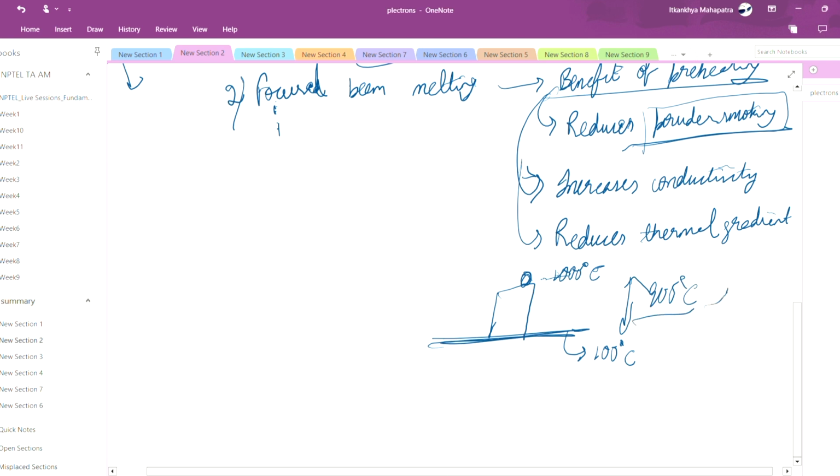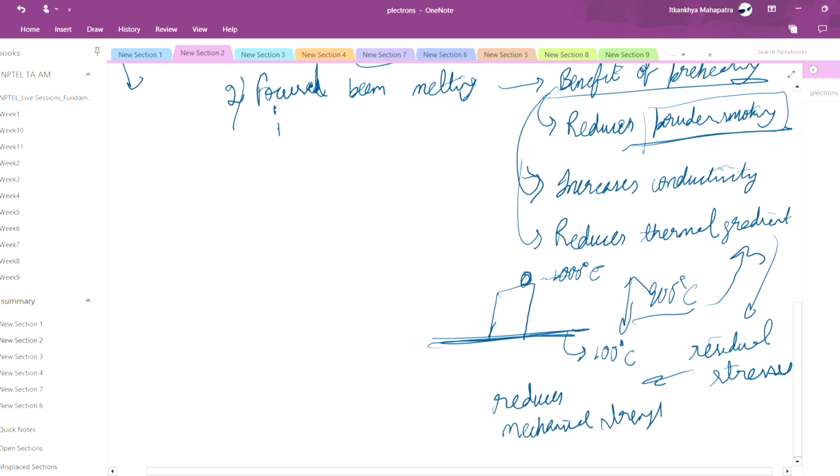This is thermal gradient. This will create residual stresses and reduce the mechanical strength of the component. So that is why we use preheating, as the thermal gradient will reduce and the final product will be of good quality.